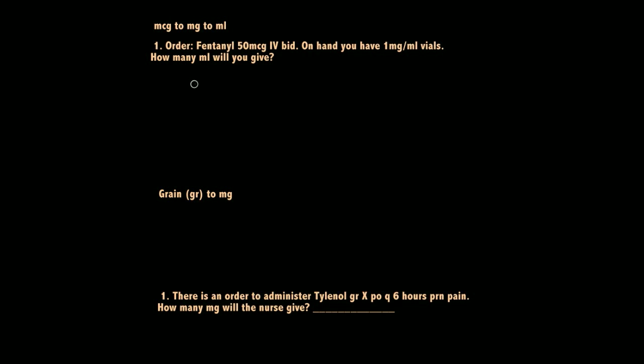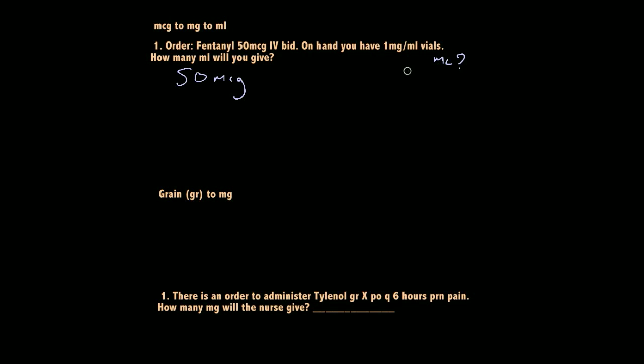So fentanyl here, he is ordering it at 50 micrograms IV, and you have a 1 milligram per milliliter vial. So I'm eventually wanting to get to milliliters, right? That's what we're going to give an injection of.